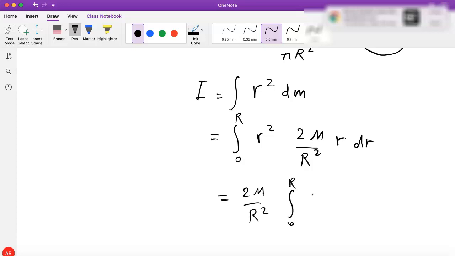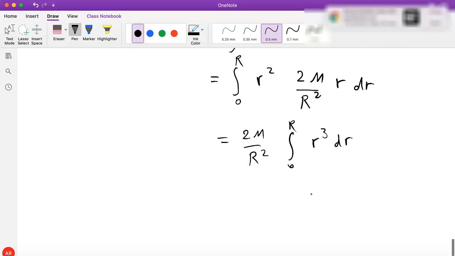We have the integral from 0 to capital R of r cubed dr. That gives me R to the 4th over 4, and 2 over 4 is a half. R to the 4th over R squared is R squared, so I equals one half m R squared.